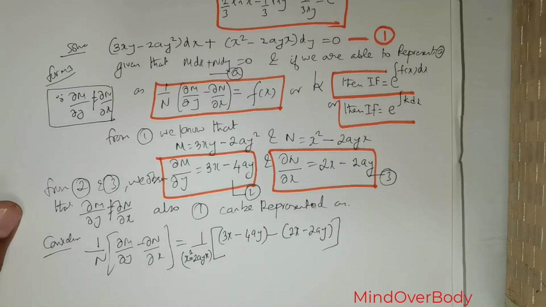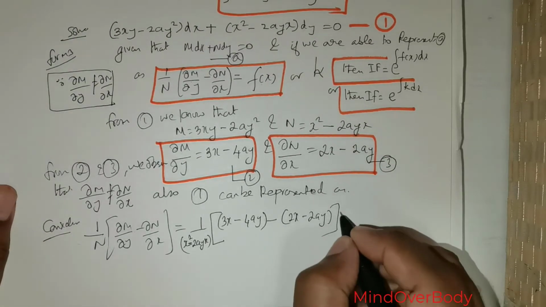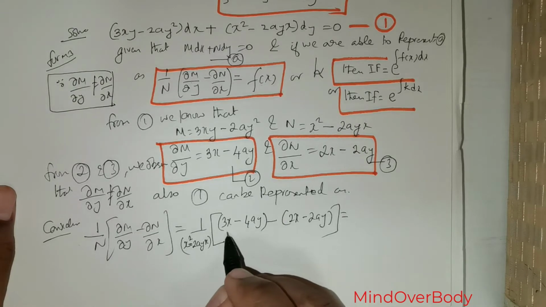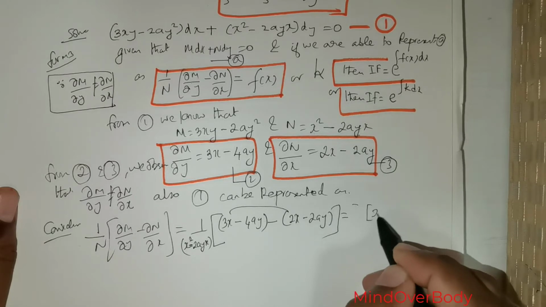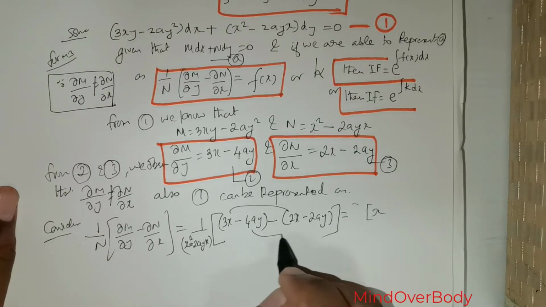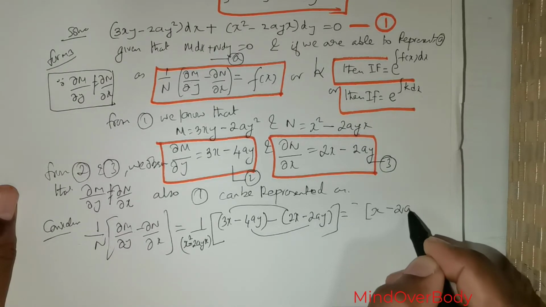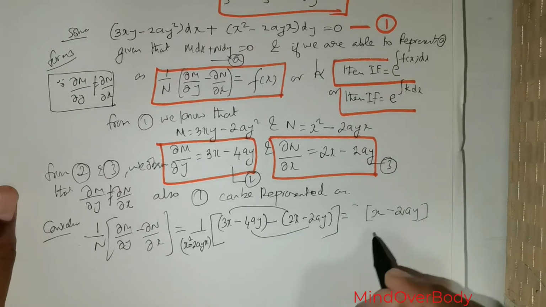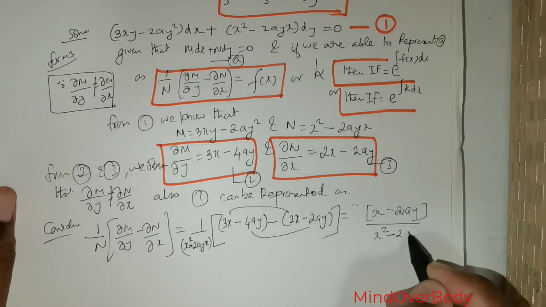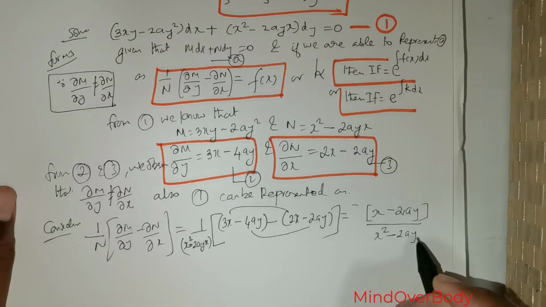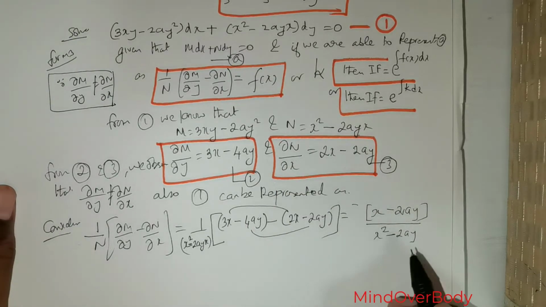So we are making a check. So if this is true, so this is going to be 3x minus 2x, and that would give me x, and negative 4ay plus 2ay would give me negative 2ay. This has to be divided by x squared minus 2ayx.